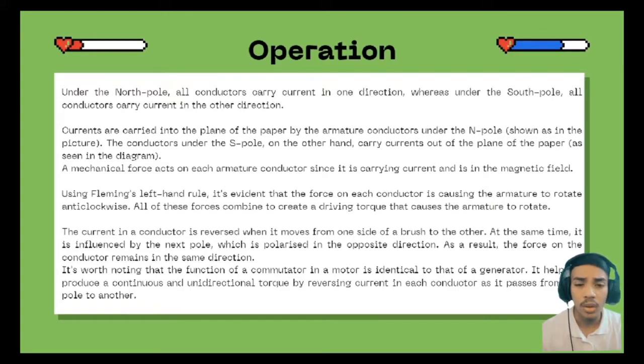Lastly, a commutator in a motor performs the same job as in a generator by reversing current in its conductors as it goes from one pole to another. It aids in the production of a continuous and unidirectional torque. That's all from me.